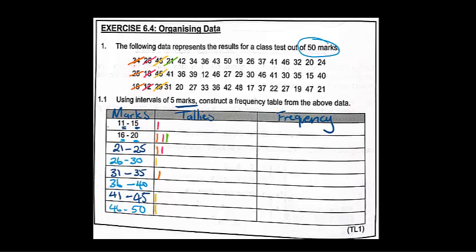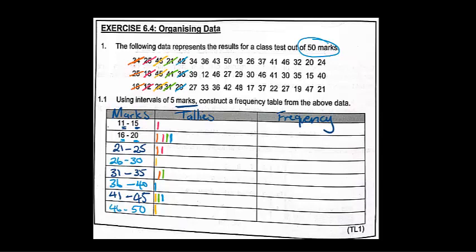Then I have 41, which goes there, and then I have 31, which goes there. Next up, I have 42, which goes there. Then I have 36, which goes there, and I have 20, which goes there.